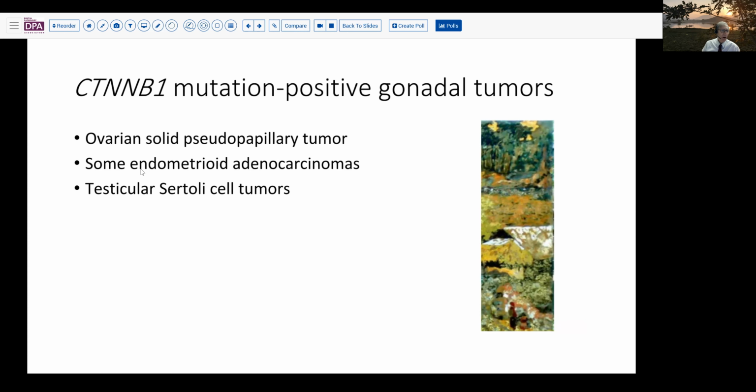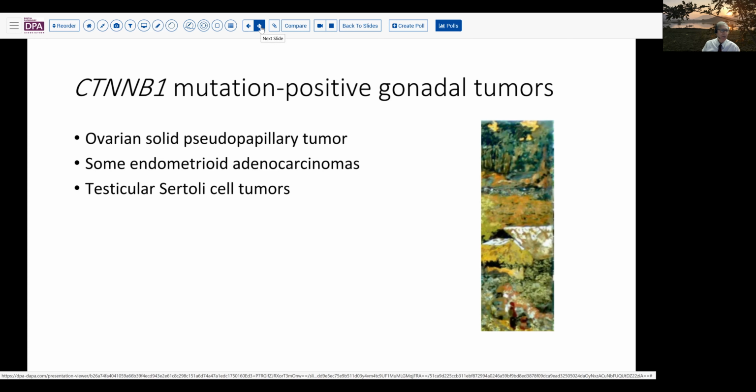There are a few rare endometrioid adenocarcinomas which have this mutation, but the morphology in those and the immunophenotype would not be particularly overlapping. And in addition, some testicular Sertoli cell tumors have been reported to be positive with this mutation. So there is some boundary for consideration of other neoplasms, but I think both on the immunophenotype and the morphology, we can exclude these possibilities.